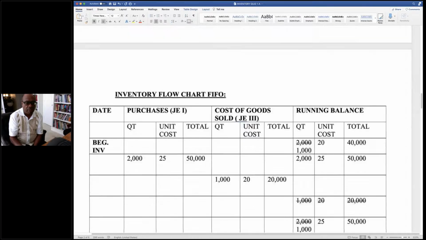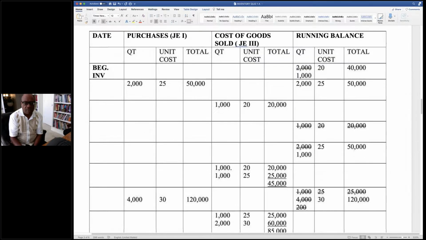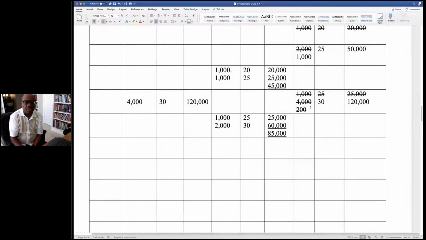Then we go up to our inventory chart now. We're going to bring down what?